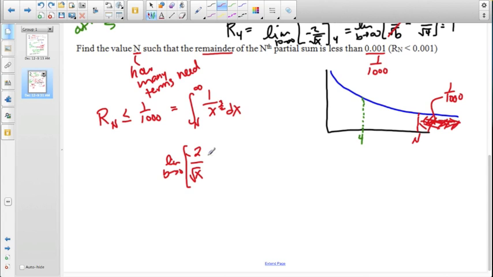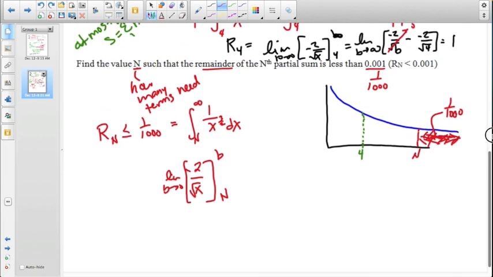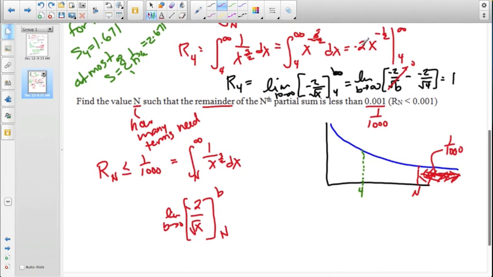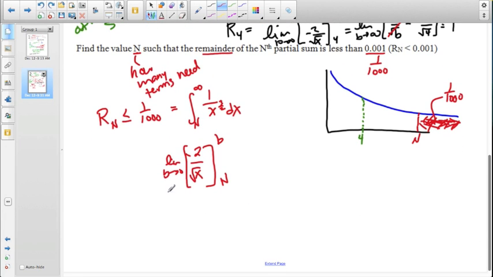So I'm just picking up the integration process from this point right here. Okay, here's our integration process. And we'll end up comparing it to 1/1000th in a second here. I'm just going to write a couple of steps here. So the limit as b goes to infinity of minus 2 over the square root of b minus a negative 2 over the square root of n. So that's what we have to solve for.